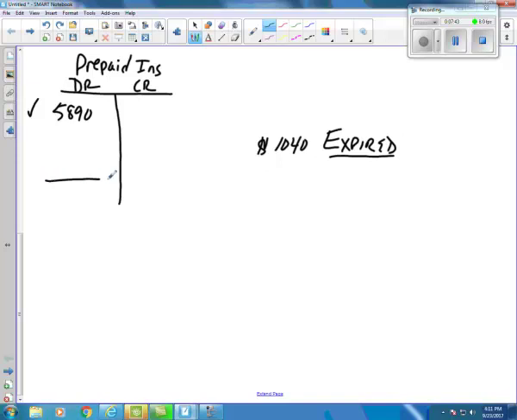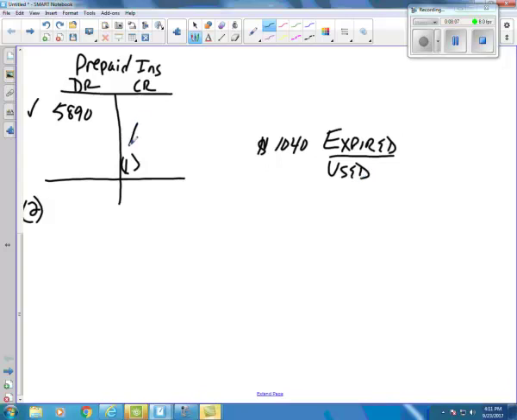So the question is, if this is the beginning balance of our prepaid, and we're saying that $1,040 has expired, are we determining how much we need to credit the account, or is that $1,040 the balance of prepaid insurance? It is the amount that has expired or has been used, so it's no longer prepaid.